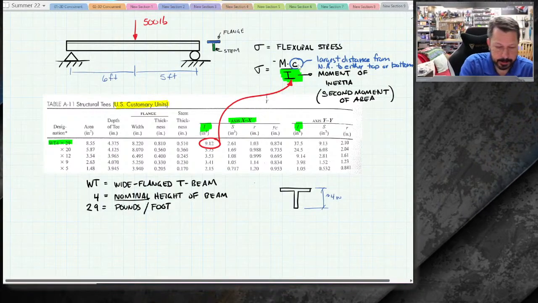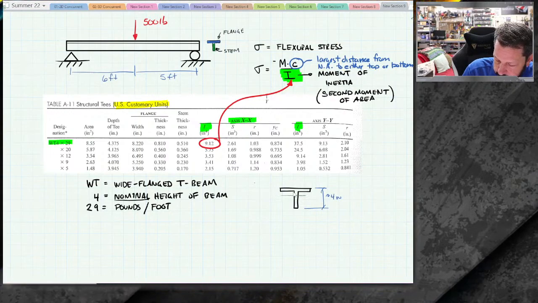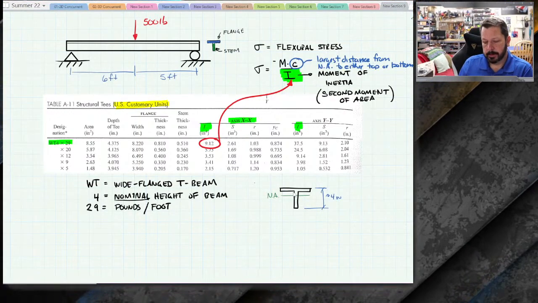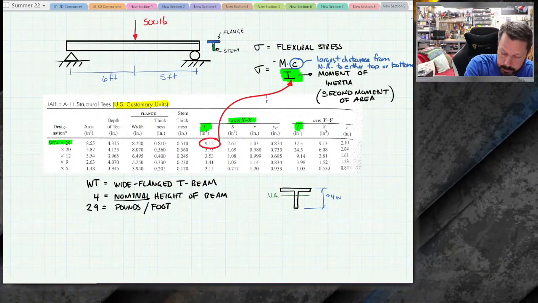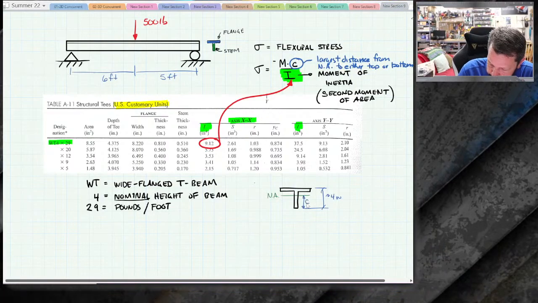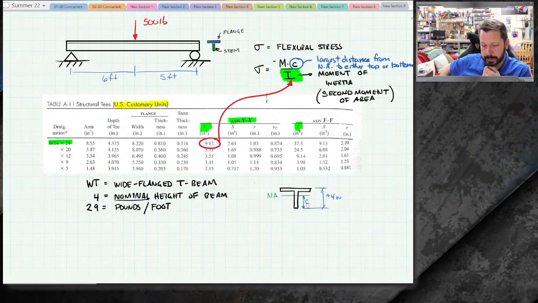So in our case, looking at our little diagram over here, there's the neutral axis. Then the value of C, the largest distance, is going to be from that neutral axis down to the bottom of the stem. So that's what C is.